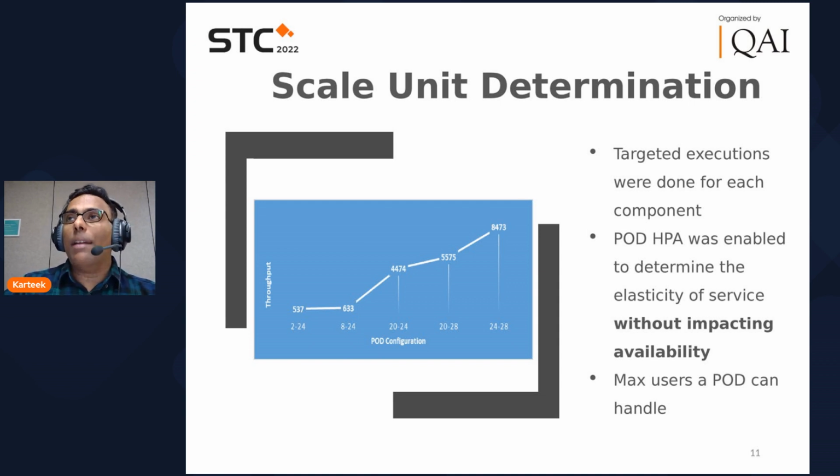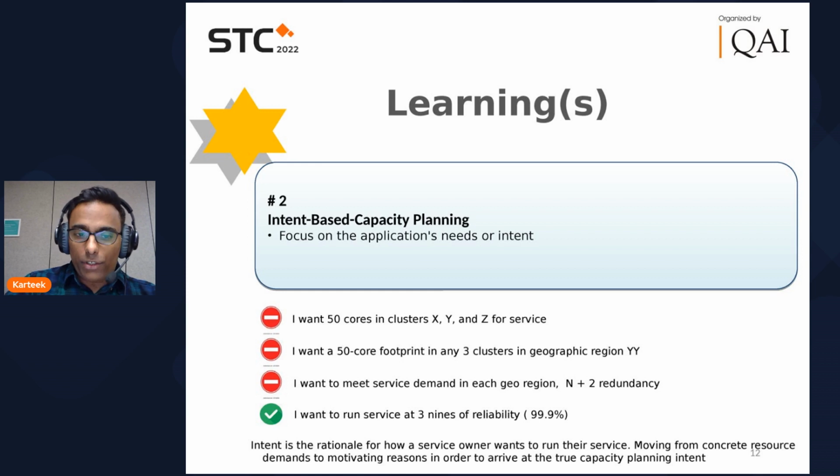It means that I am able to achieve triple nine availability, and all my response times are within 1.5 seconds for 99.95 percent of users or transactions. That's when I say one pod has this maximum threshold it can handle, and then we take around 60% of it to initiate our HPA. So that was the scale unit determination.